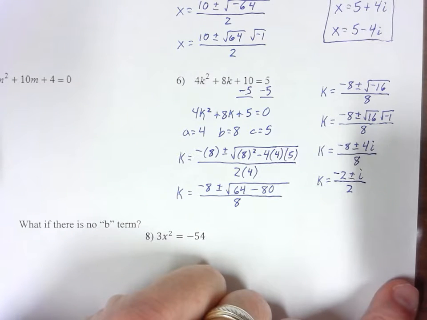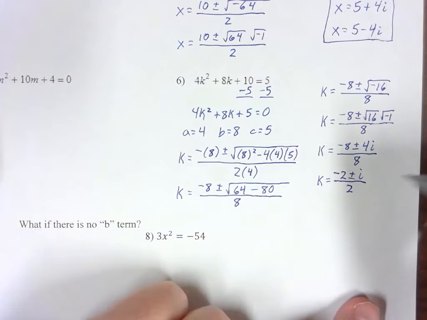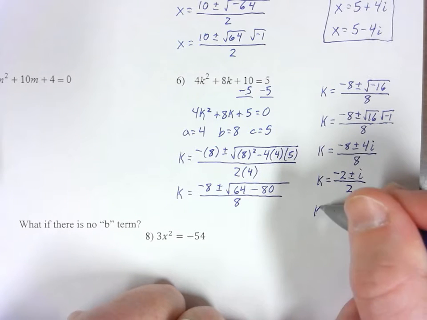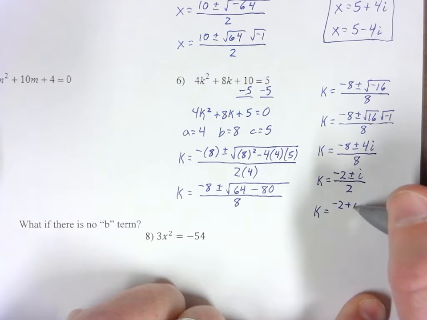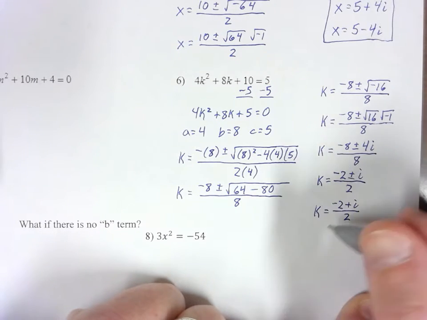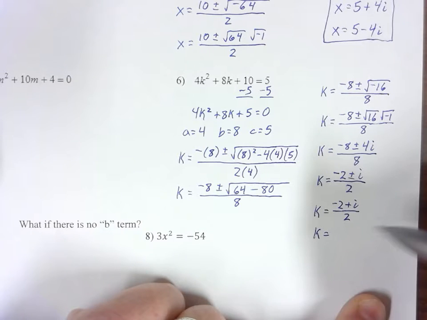So there's my solution, or if I want to separate them out, negative 2 plus i divided by 2, or k could equal negative 2 minus i divided by 2.